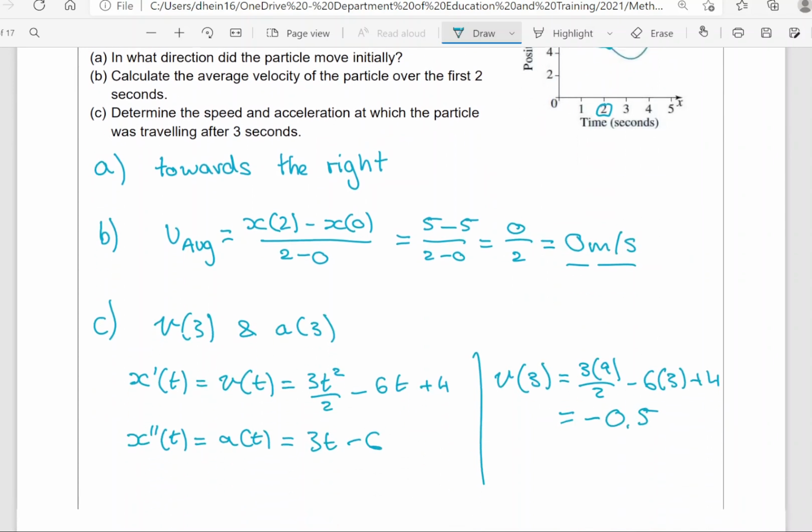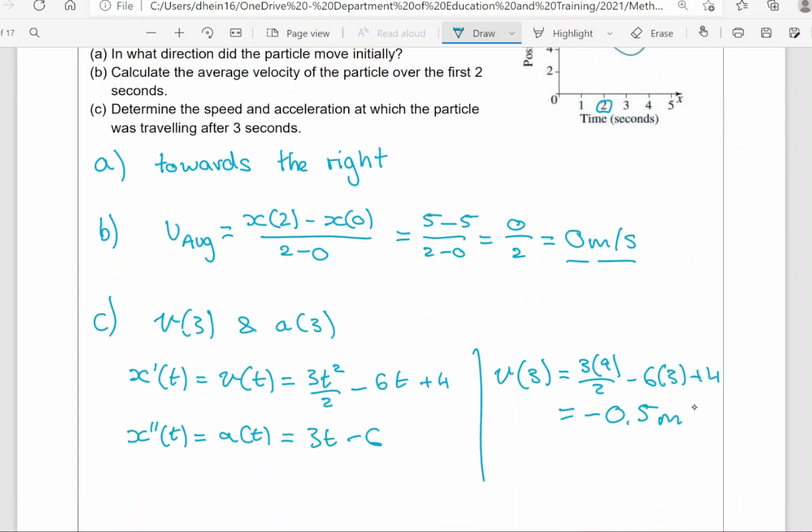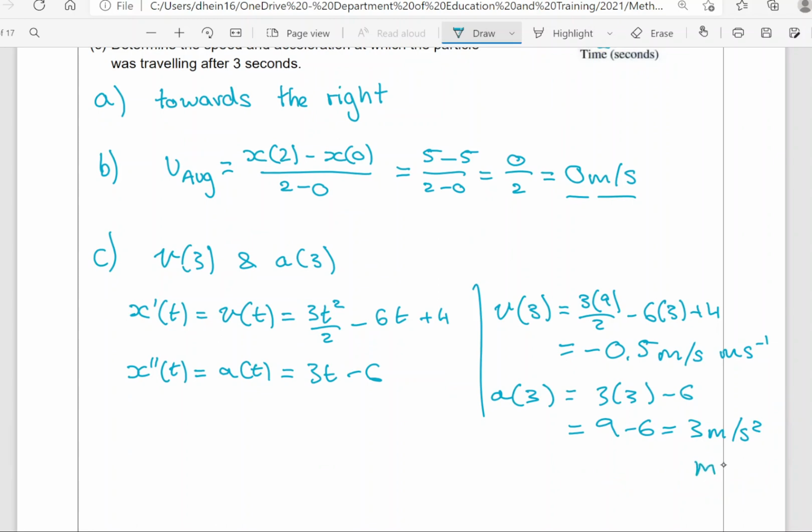What's our units? Meters per second. Some will see this written as ms to the negative 1. Both are acceptable. Then we also have a of 3, which is going to be 3 times 3 minus 6, which is 9 minus 6, which is 3 meters per second squared, or meters per second to the negative 2.